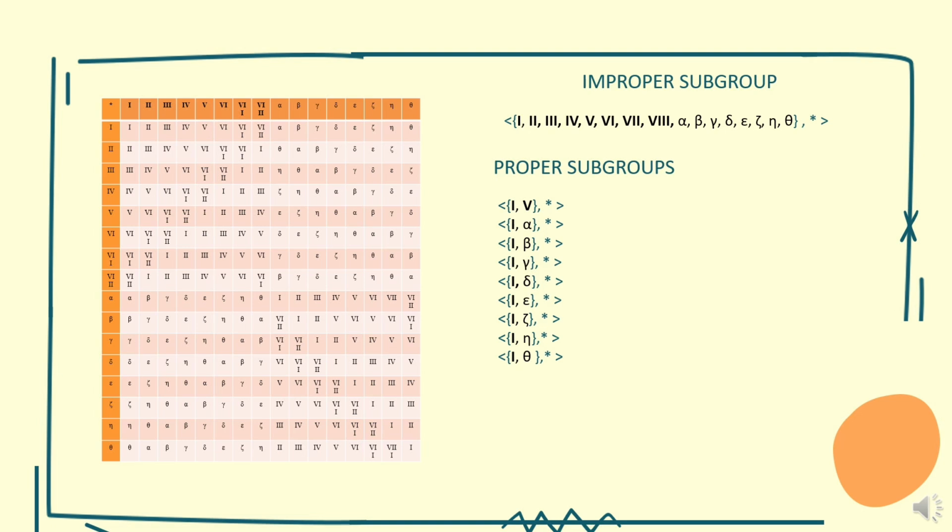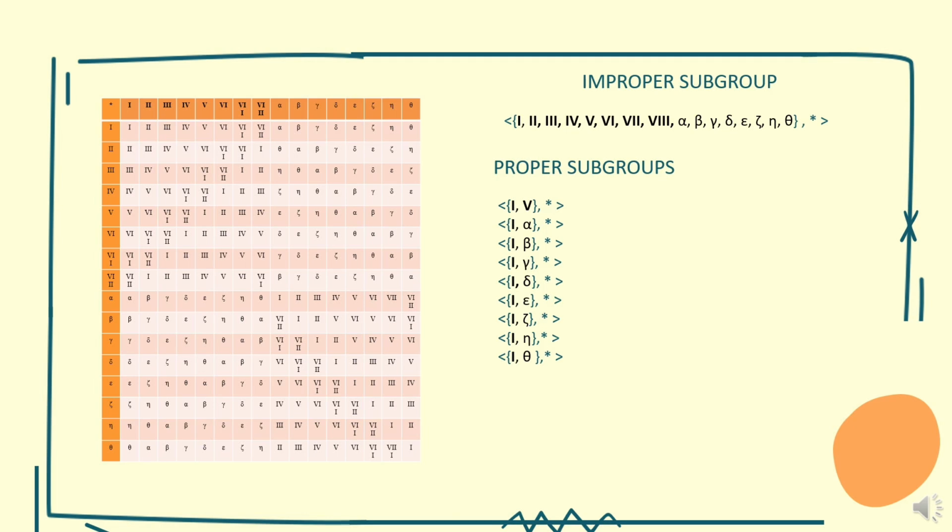Next, 1 and alpha under the binary operation star. Roman numerals 1 and beta under the binary operation star is a group structure. Next, Roman numerals 1 and gamma under the binary operation star is a proper subgroup.